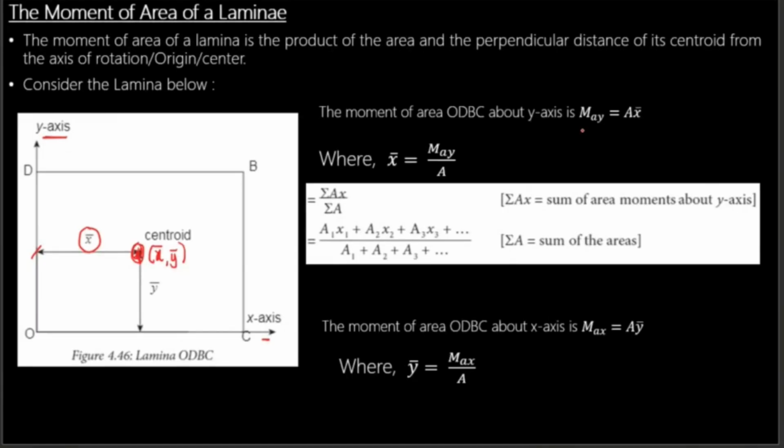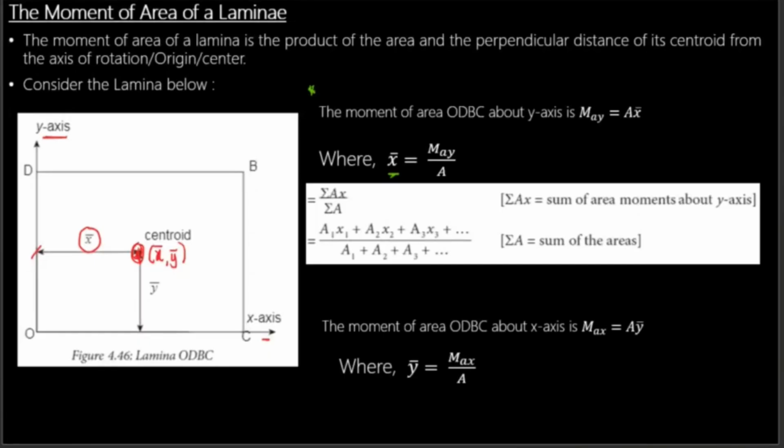Now there is a formula that we normally use to determine the centroid. There are some calculations that we need to do, so I'm going to use this as an example. In order for you to get your X bar, which is your X coordinate, there is something called moment of area.